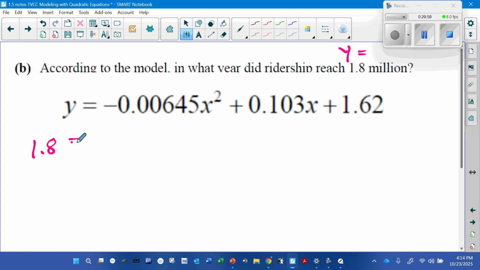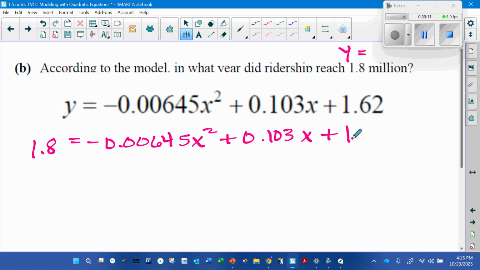So 1.8 is equal to negative 0.00645x squared plus 0.103x plus 1.62. If you do not have a calculator, there is a program online called Desmos, an online calculator. It's free. If you don't have a handheld calculator, that will work. And I can send y'all a link for that.